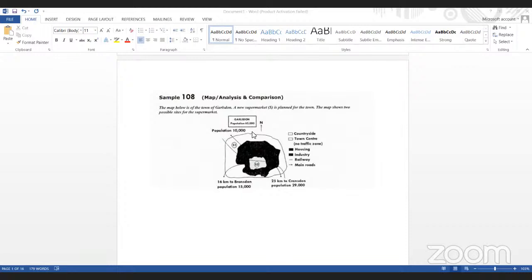The map shows two possible sites for the supermarket. So first of all, we need to remember that we are not giving any kind of solution, I mean, any kind of conclusion for this, right?